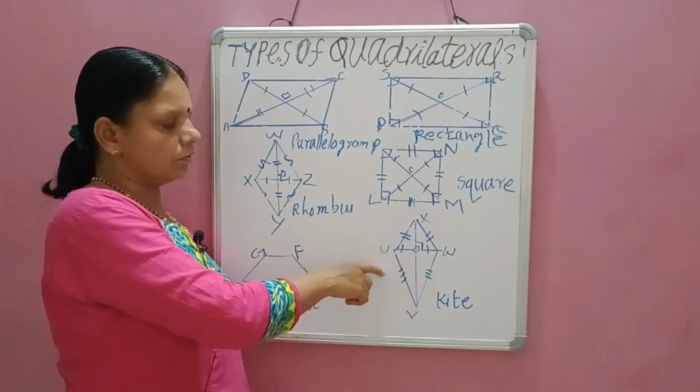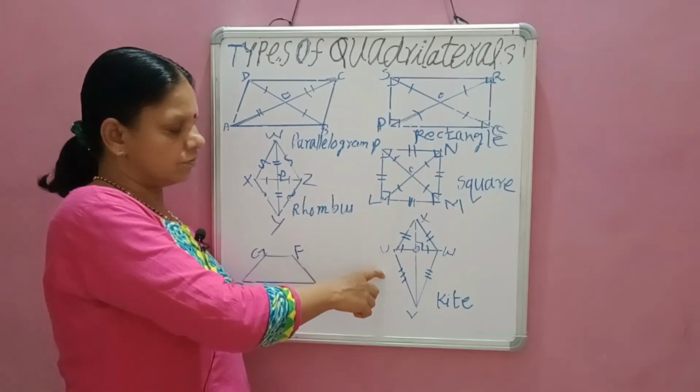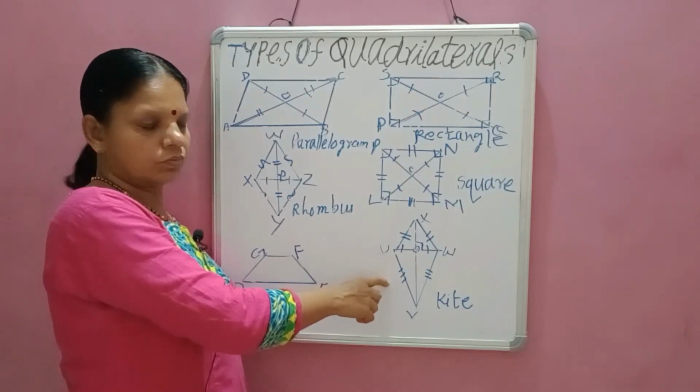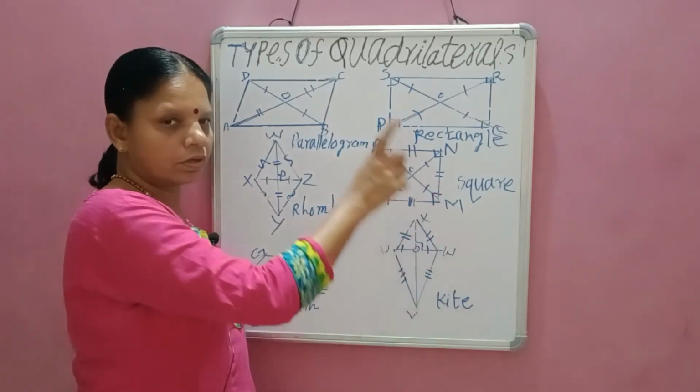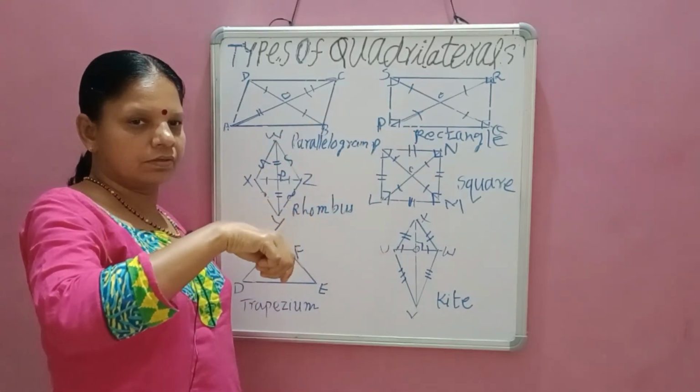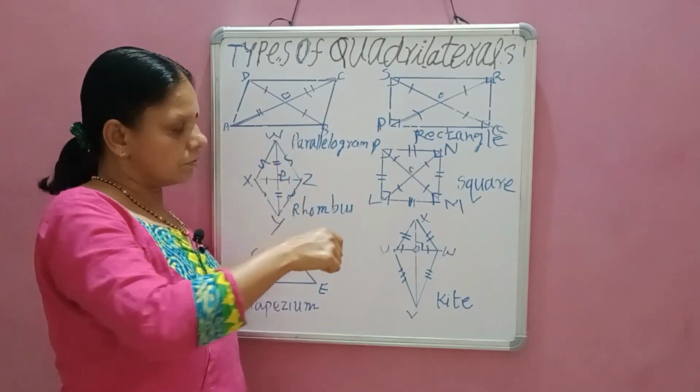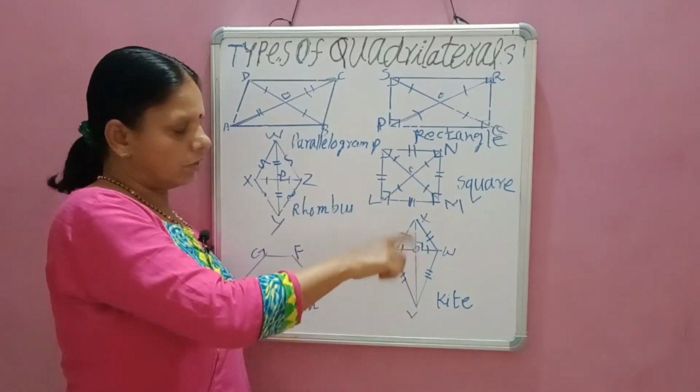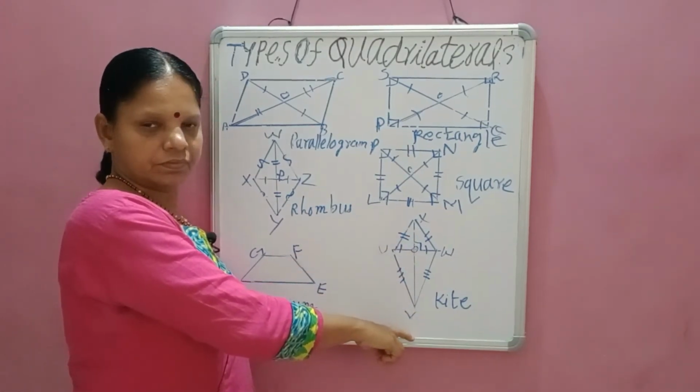Now come to the figure. This is very familiar to you. What is that? Kite. You know how to make a kite using paper. What is the definition you will see?